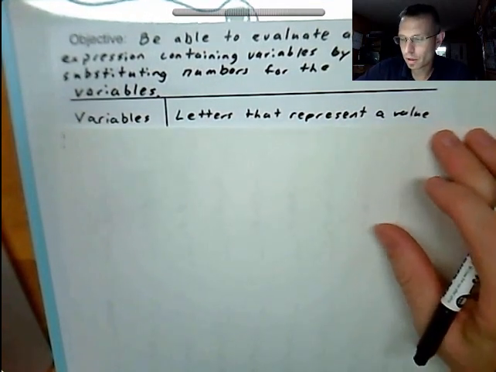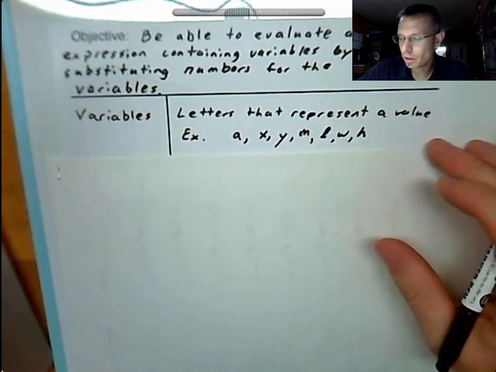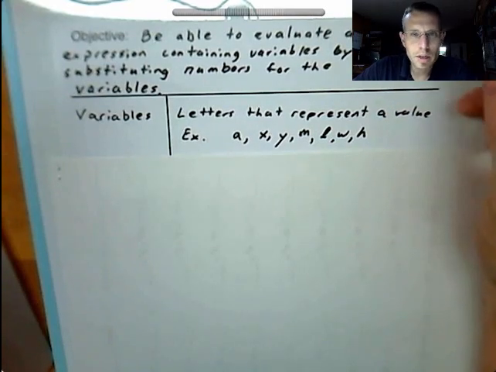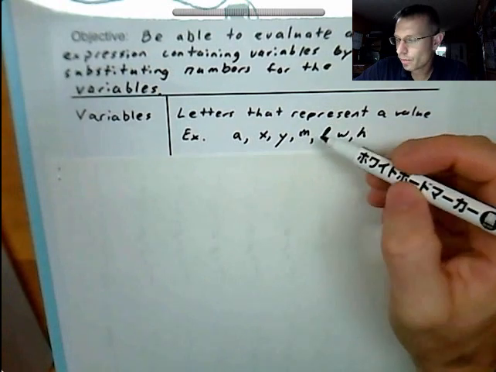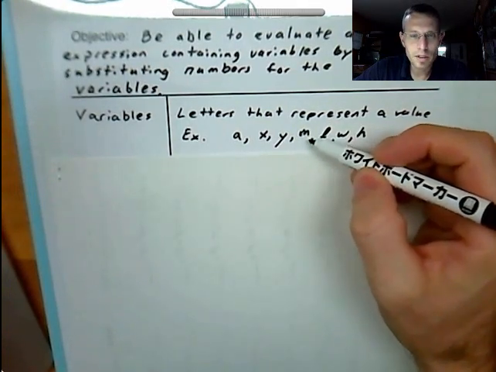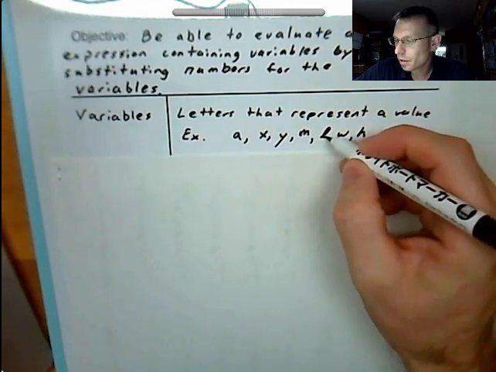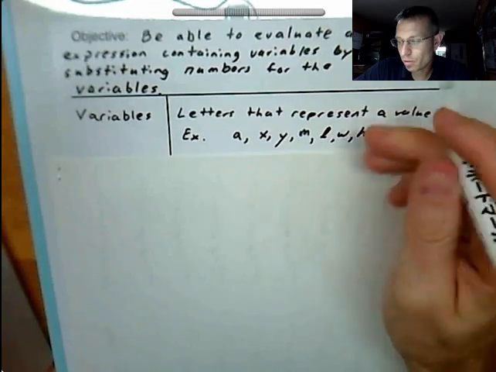And the first one that comes to mind is variables. And variables are simply letters that represent a value. And common variables that you'll see in math are x, y, sometimes you'll have a, m, sometimes for mass, I guess. L, w, and h, you can probably guess what those variables would represent.